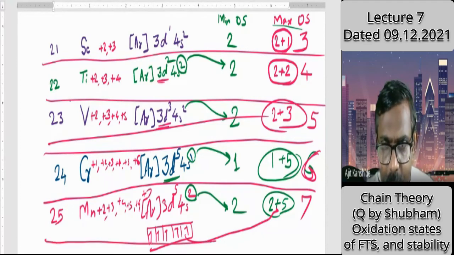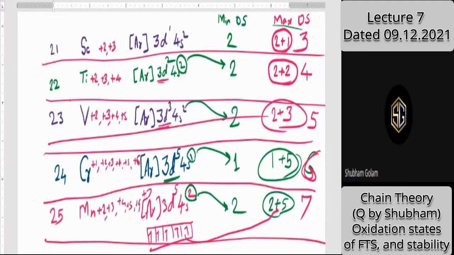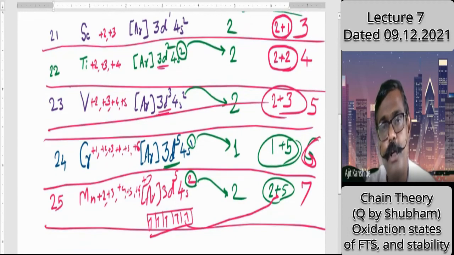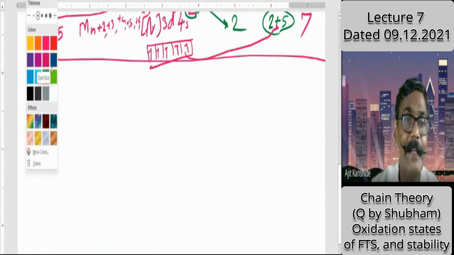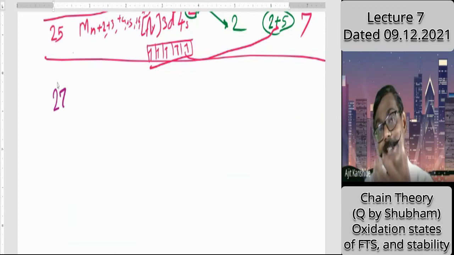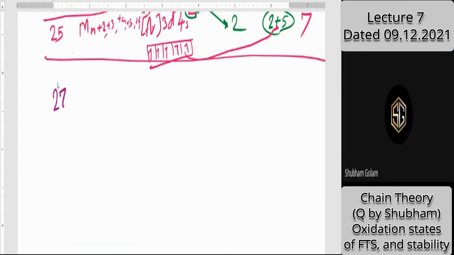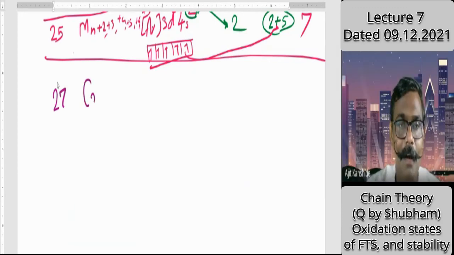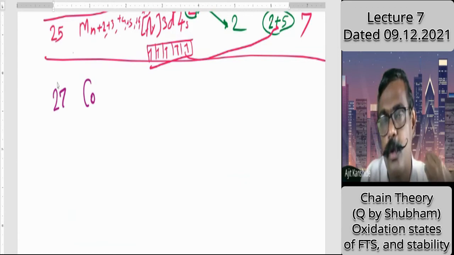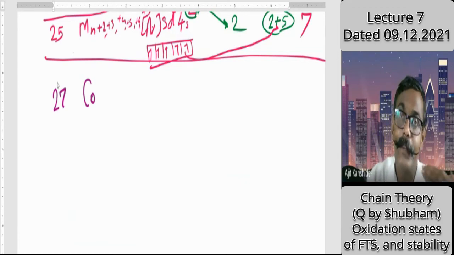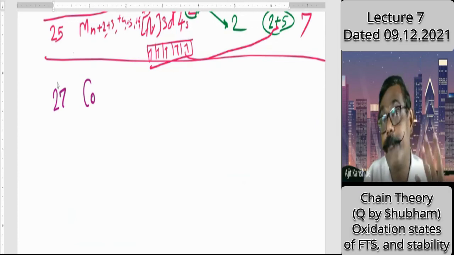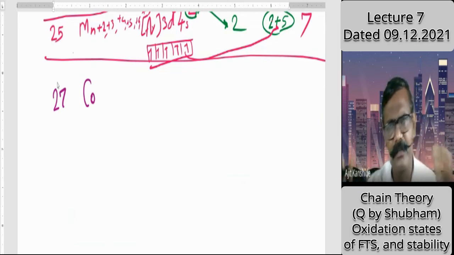Could you understand what I'm saying? Yes, sir. Now one more example, but answer wisely. Consider the element with atomic number 27. Which element is that? Cobalt. Iron is 26, cobalt 27, nickel 28, and then copper is 29.